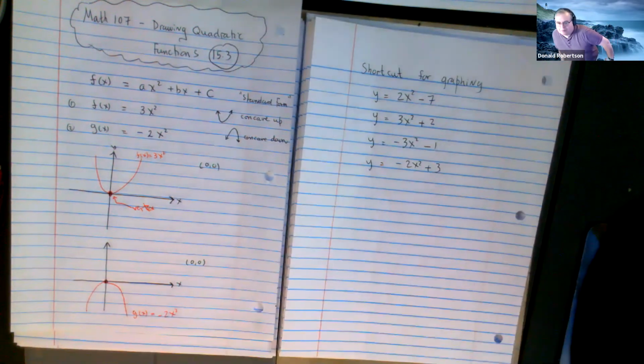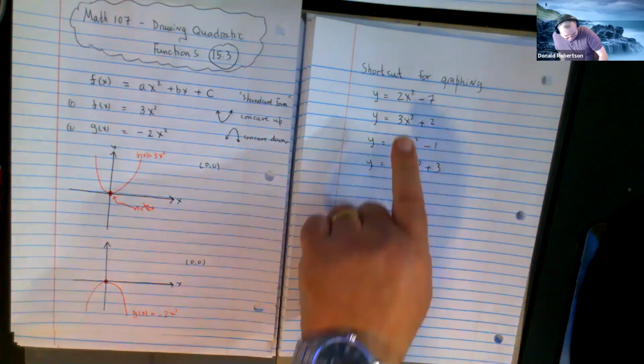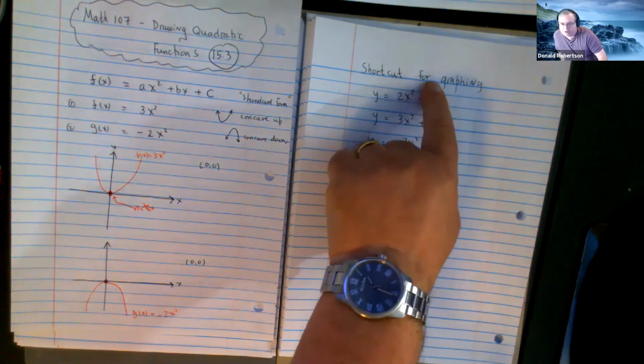That's essentially every permutation you could get with plus and negative x squareds and add and subtract after it.